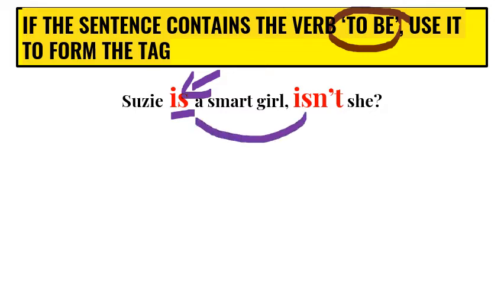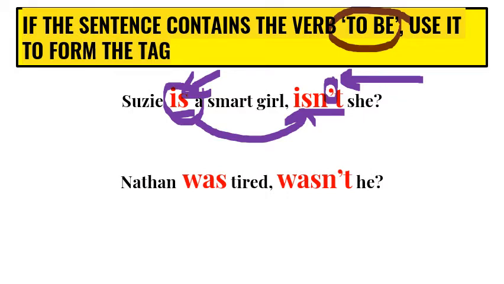I use that. I made it negative. Isn't she? Please note the position of my apostrophe. Susie is a smart girl. This is positive, so I must change that into its negative form. Isn't she?